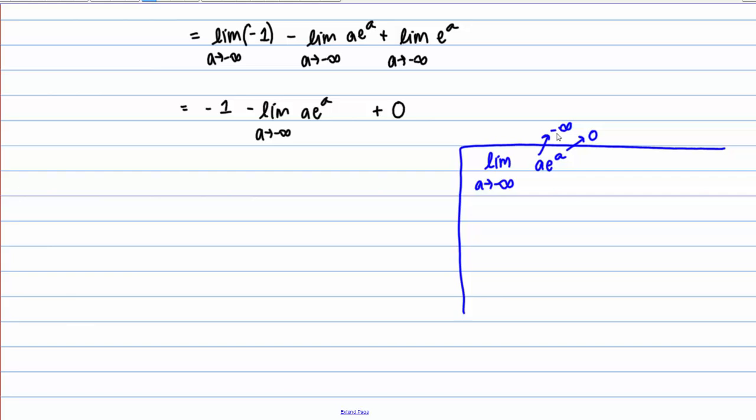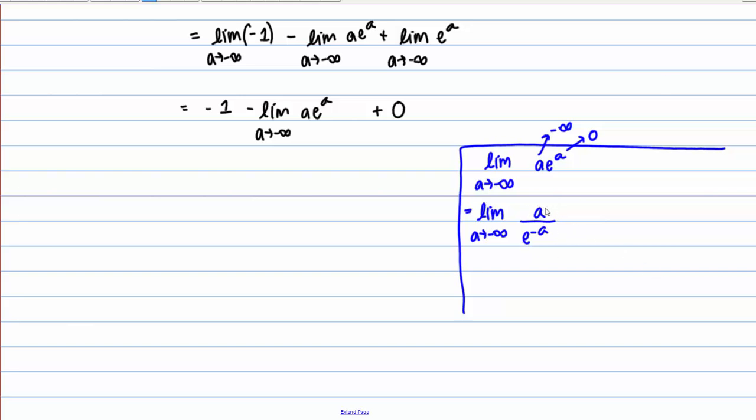But first, to use L'Hopital's rule, we need to rewrite this so that we get the form 0 over 0 or infinity over infinity. And there are a few different ways we could do that. One way is to write this as a limit as a goes to negative infinity of a over e to the negative a. Right, so I've just rewritten e to the a as an e to the negative a in the denominator.